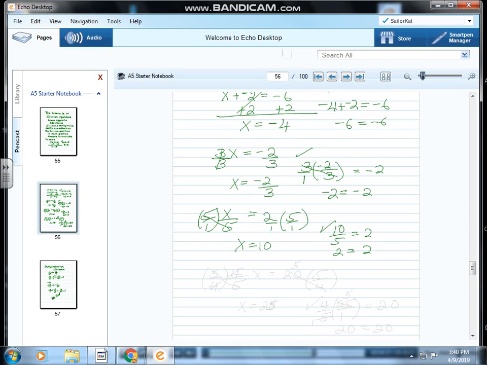The last one people find tricky, but it's not really. So you have 4/5 x equals 20. You simply flip the 4/5 and you get 5/4. You do that on both sides, it goes away here, and over here your x is going to be 25.